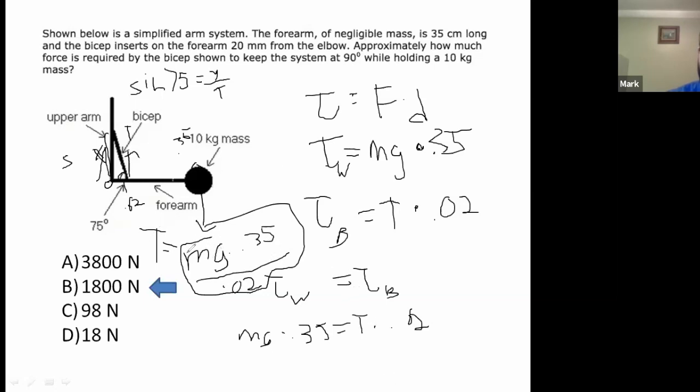T, we just said it right here, T is equal to mg times 0.35 divided by 0.02, right? You just substitute this in here for T, and then you multiply that, and if you want to isolate y, you bring that over to this side. In this case, however, we know that sine 75 is almost 1.